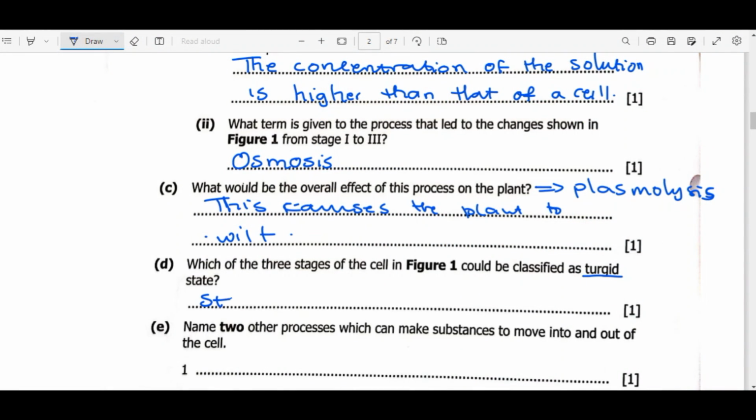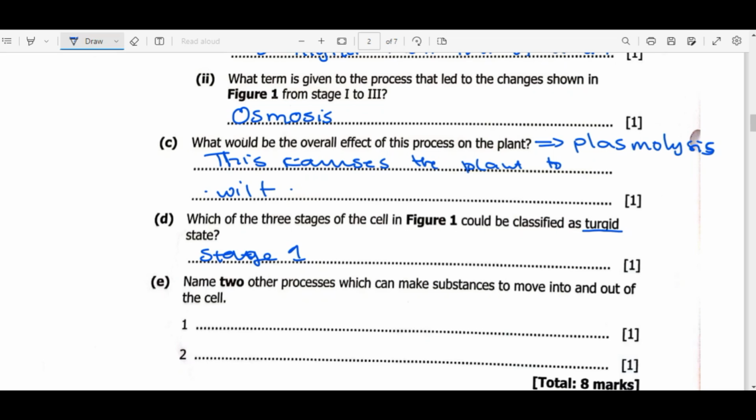So we'll say stage 1. Then question E, the last one. Name 2 other processes which can make substances move into and out of the cell. So we have diffusion. Apart from diffusion, active transport also. So this is how we can answer a question like this one on biology.